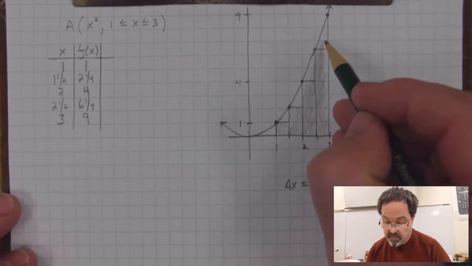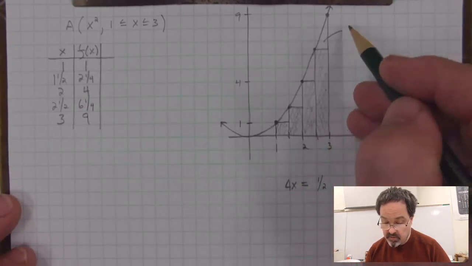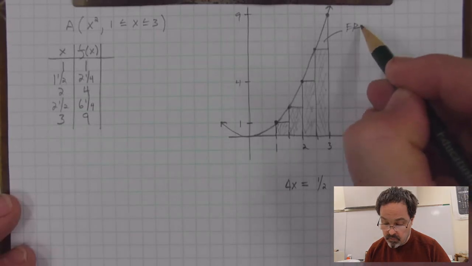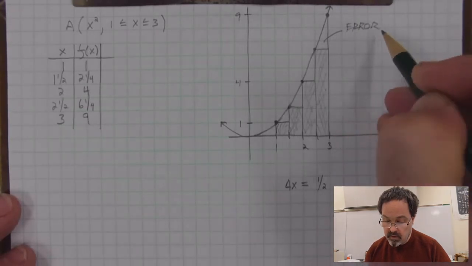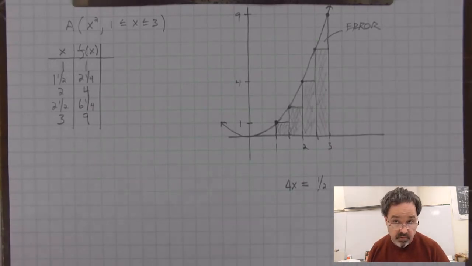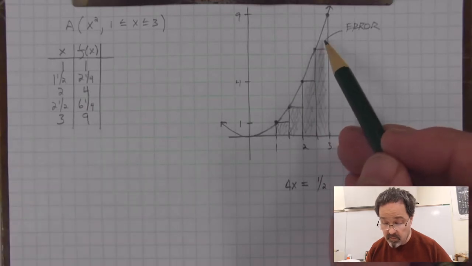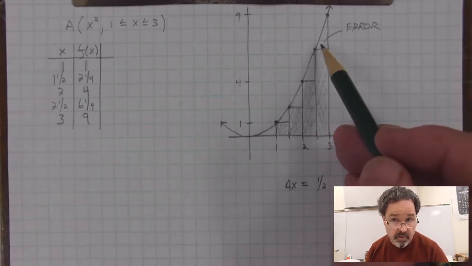This space that is the difference between the exact area and the estimate is called the error. So I know that the sum of these rectangles is going to produce an underestimate because I can see that the error is an amount of area that is not being accounted for.